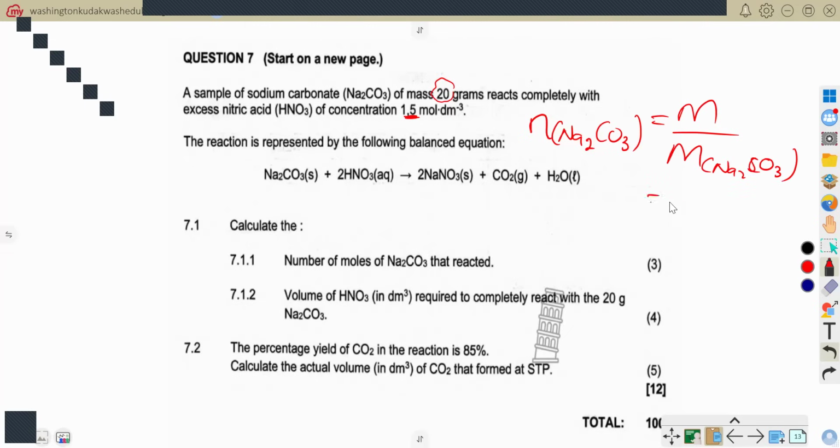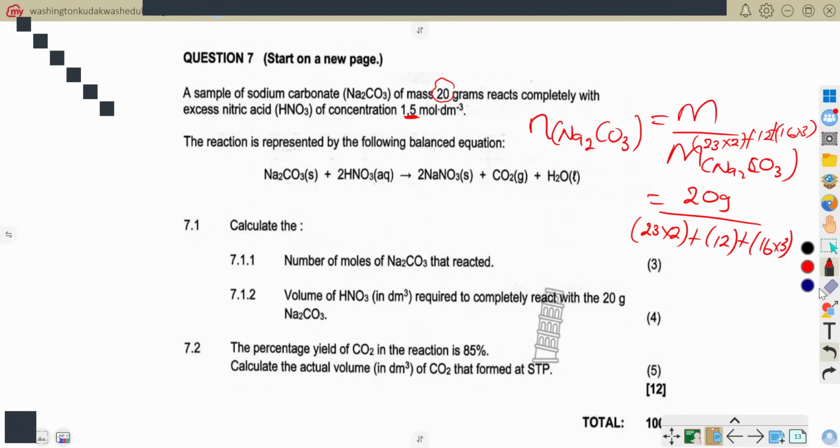The mass that was given is 20 grams, divided by the molar mass, which is 23 times 2 plus 12 plus 16 times 3.